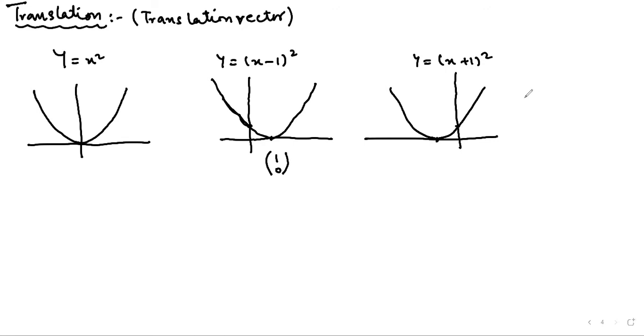As you can see, there is x plus 1, an addition of 1 in x, and the curve has shifted 1 unit towards left. We will subtract 1 from the x coordinates. Now, what is the translation vector? Minus 1, 0. That's good.